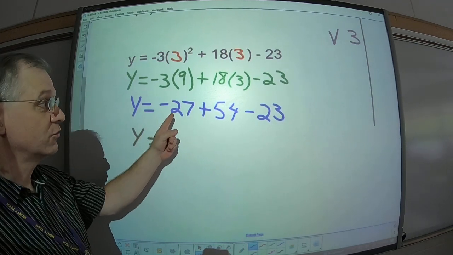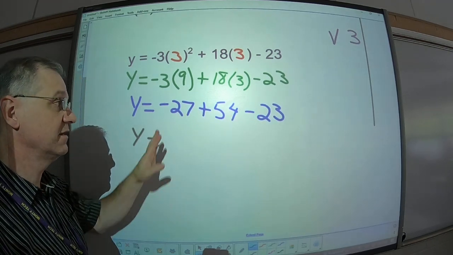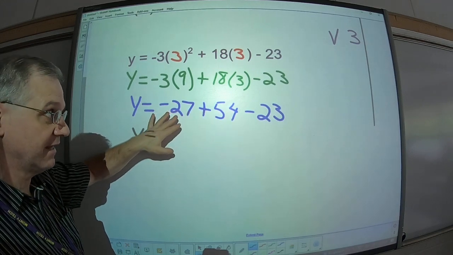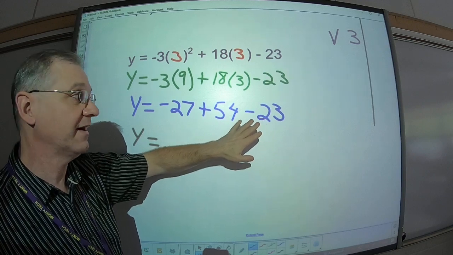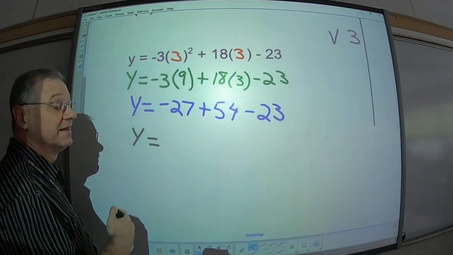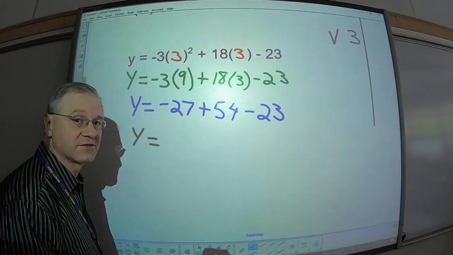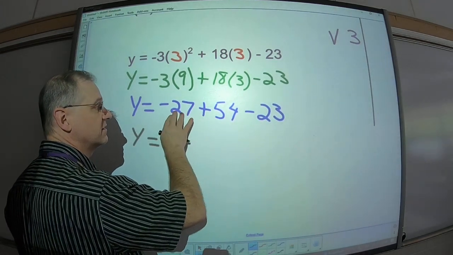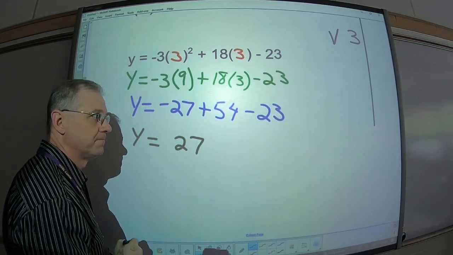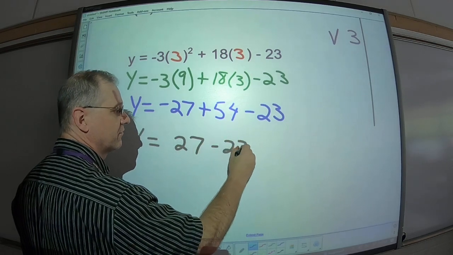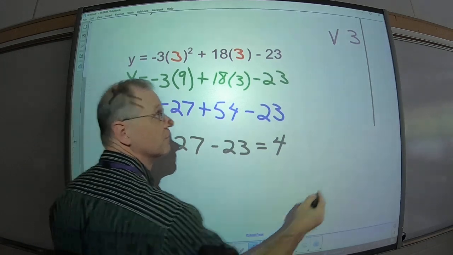Now, you could add any of these together. Like I could combine the negatives together and then combine that with the positive. That's often the easier way to do it, or you could just work your way straight across. Working straight across, negative 27 and 54 is positive 27, minus 23, which comes out to 4.